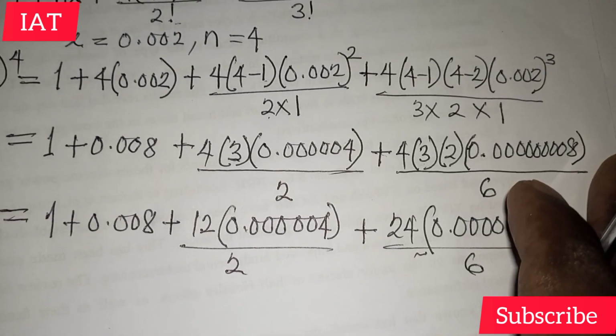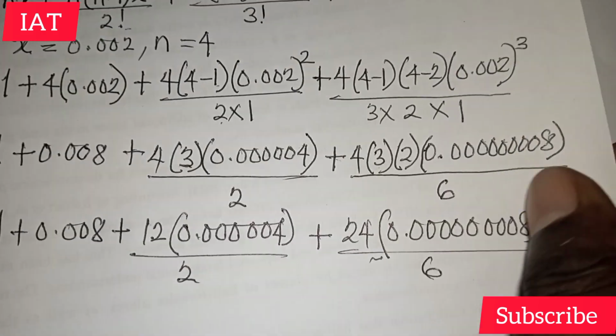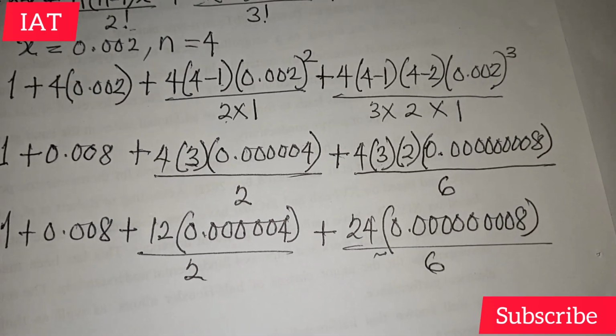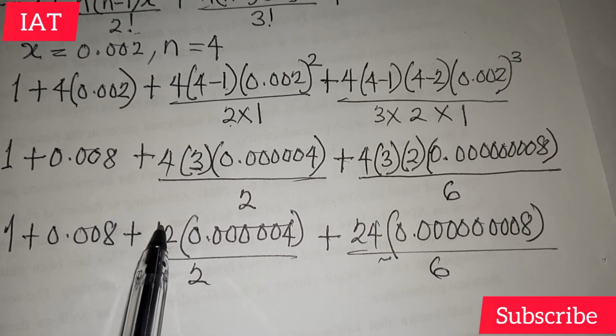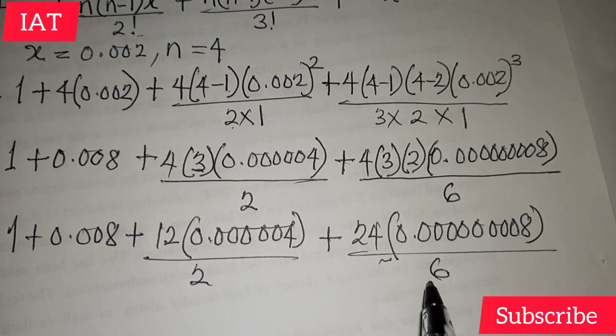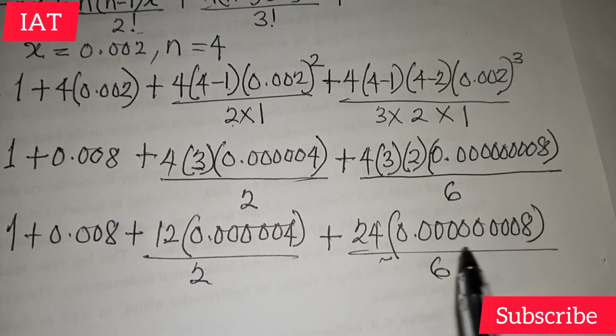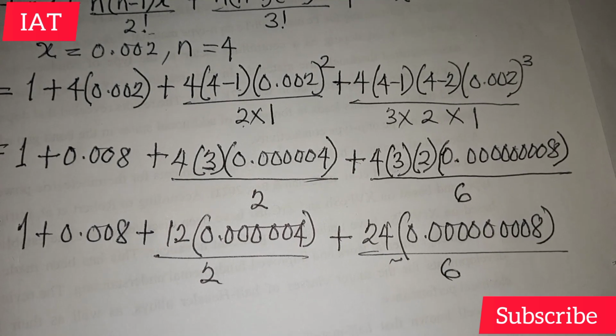The next point is to make sure that you divide this 12 by 2, 24 by 6, so that you just have something you can multiply through directly.